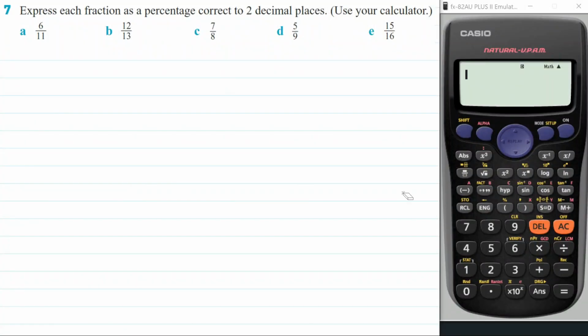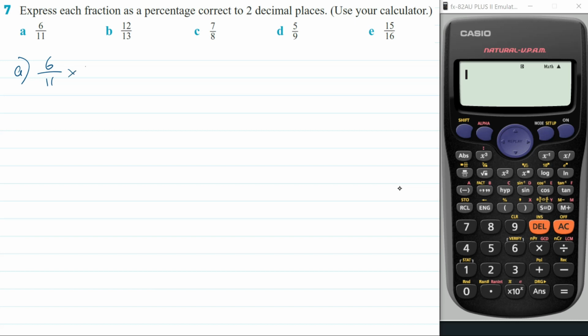Question 7. Express each fraction as a percentage corrected to 2 decimal places. Use your calculator because some of the answers require rounding. Let's have a look at part A. 6/11.